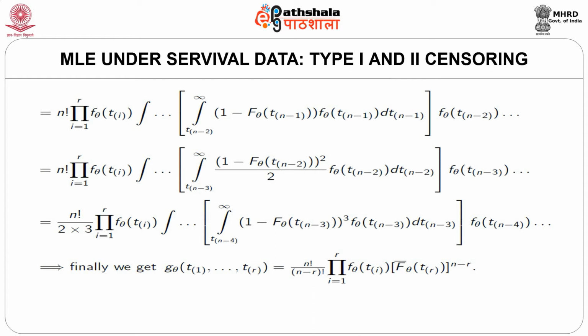Now proceeding this way and noting the symmetry in each stage, we can finally get that g theta of t order 1, t order 2, up to t order r equals n factorial by n minus r factorial times the product over i from 1 to r of f theta t order i times F bar theta t order r whole to the power n minus r.